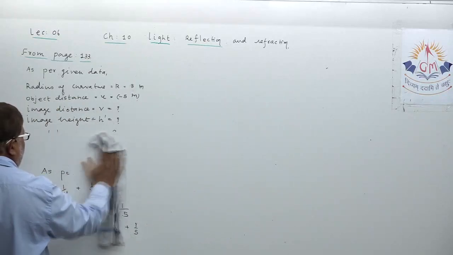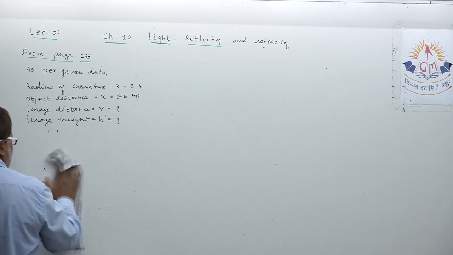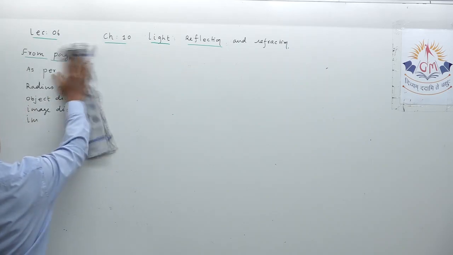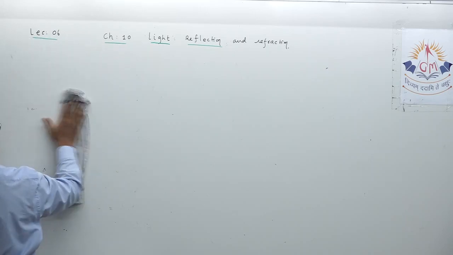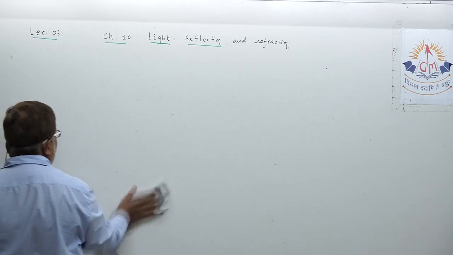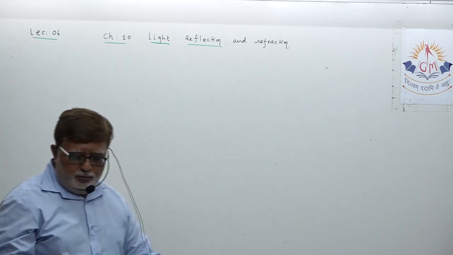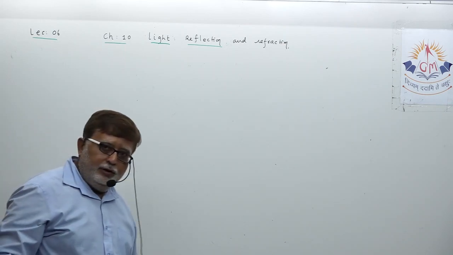In case of concave mirror, F negative, V can be positive or negative. At the same time, M can be negative or positive. H dash can be negative or positive.